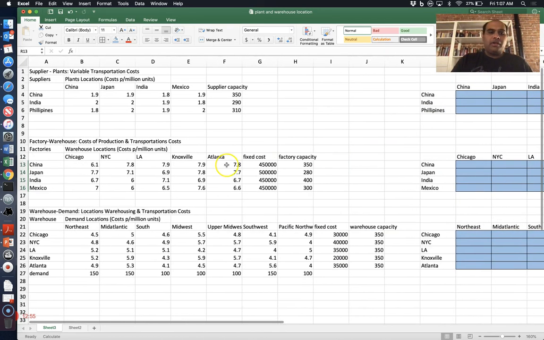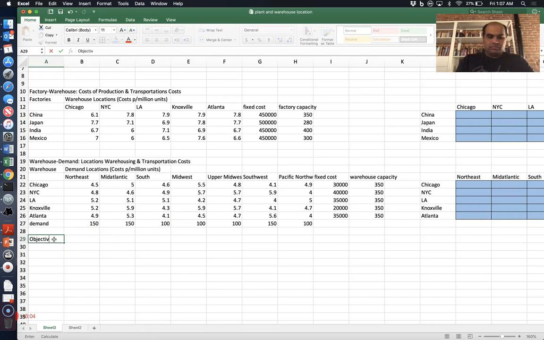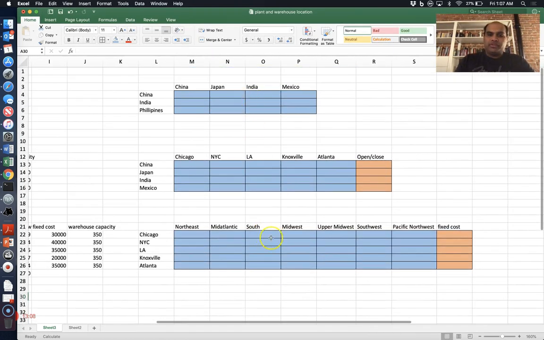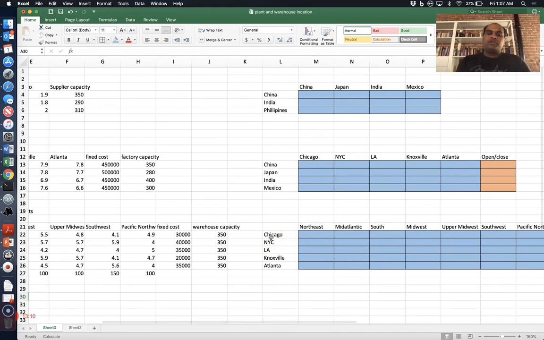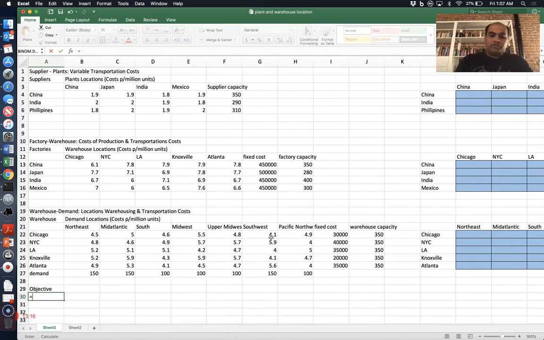So now that I have my decision variables set up, I can calculate the objective function. Because we have 3 sets of variables, the objective function will be the sum of 3 different sum product functions. So we can add the sum product function. Each stage of the supply chain will have one sum product function.